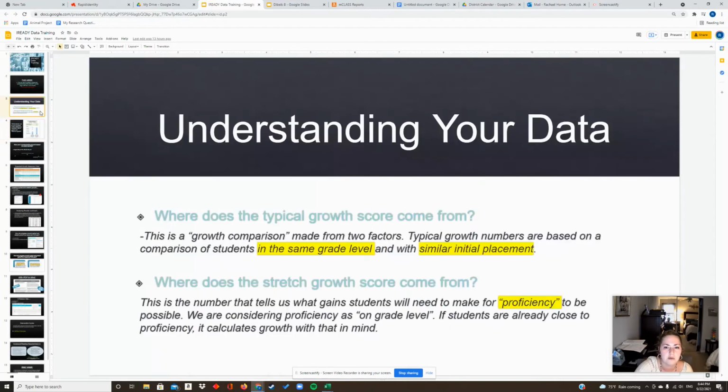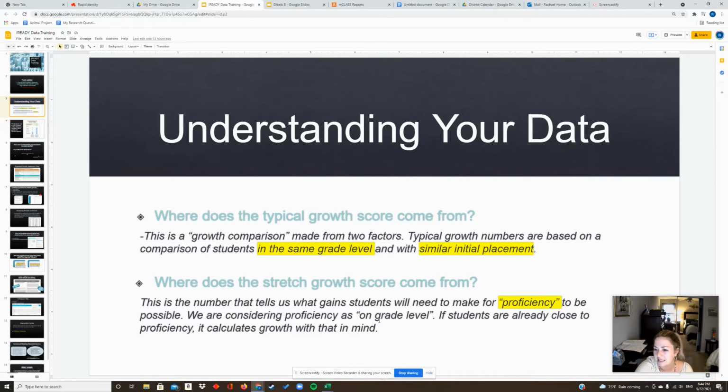By the way, I'll backtrack up real quick. Stretch scores are based on proficiency. So if a kid is meeting their stretch score, that means that's the growth they're going to need to make to be on grade level. If they're already on grade level, this is a growth score to send them to advanced levels of proficiency.